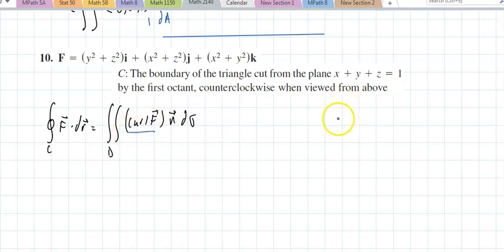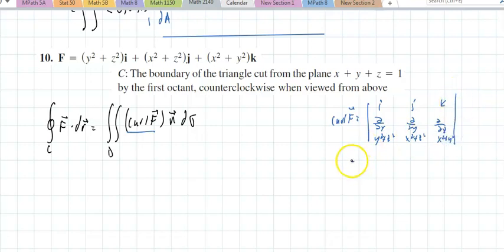If I want to take the curl of f, partial with respect to x, partial with respect to y, partial with respect to z, of y squared plus z squared, x squared plus z squared, and x squared plus y squared. And that would be the partial with respect to y, that is 2y, minus the partial with respect to z, 2z.